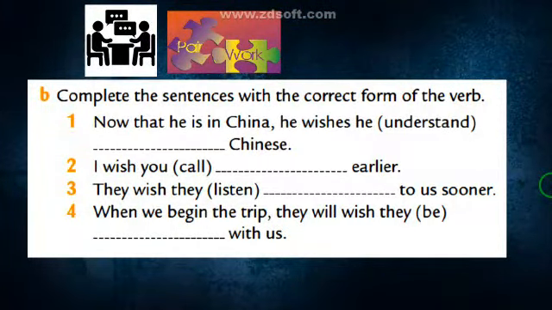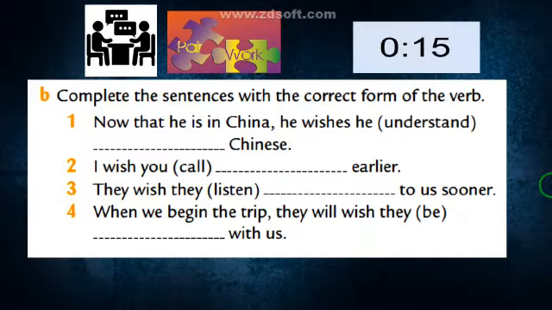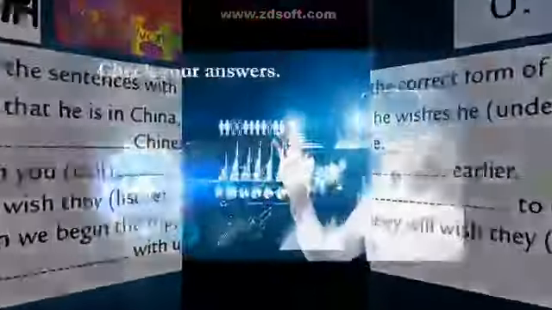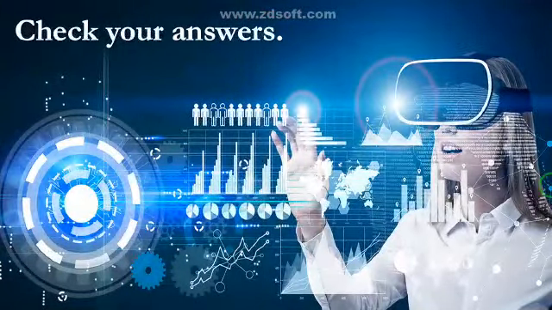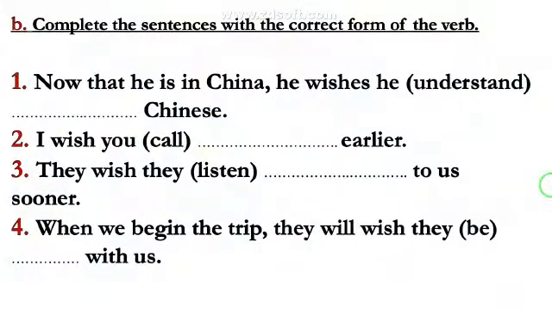Look at your student book exercise B. I want you to complete these sentences using the correct form of the verbs between brackets. Give yourself enough time to do it. Then let's check the answers together. Shall we? Number 1.